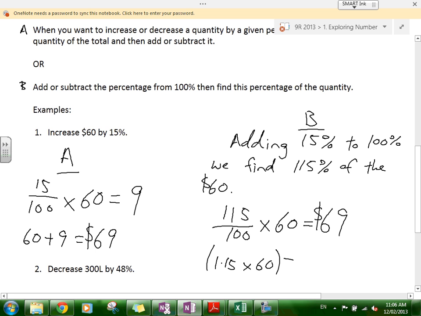So we're understanding these two methods. One is you find a percentage and then subtract it or add it. The other one is you find it in one go: you work out what percentage of the original it is, and then you work that out. Give me a moment to copy that down.